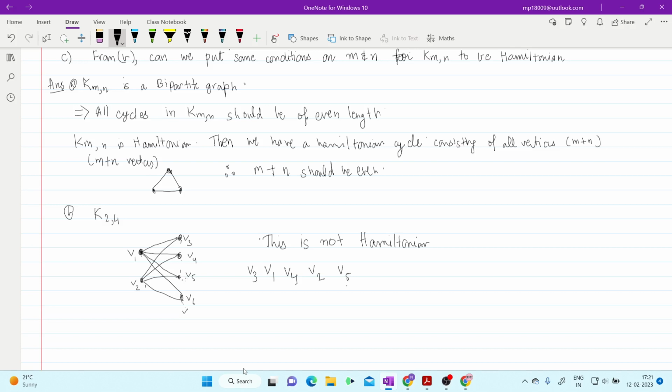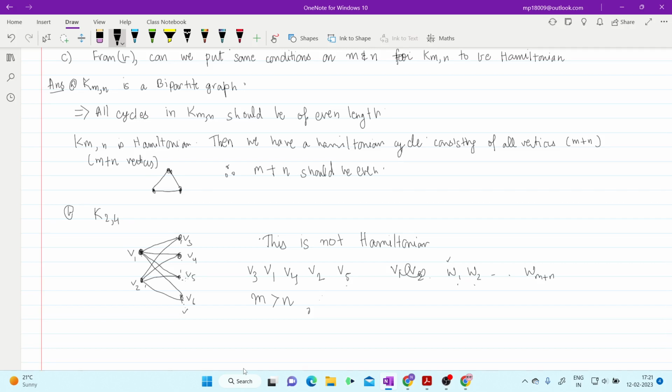If we have to construct a Hamiltonian cycle, we have to alternate between the vertices of A and the vertices of B. So if m is greater than n, then we cannot construct a Hamiltonian cycle. Suppose we have a Hamiltonian cycle from W1 to W(m+n).